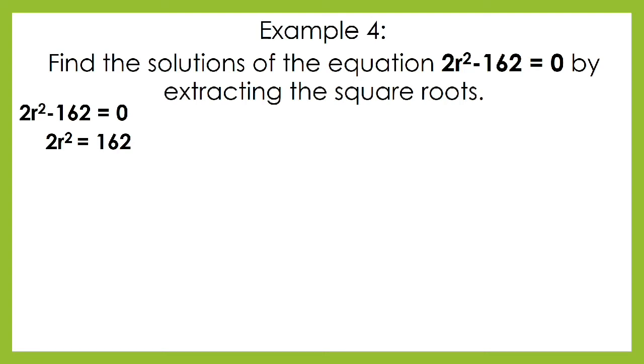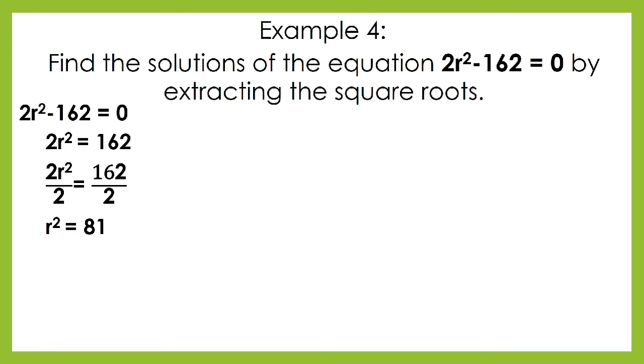And then, as you can see, our A here is 2. Dapat, ang A natin ay 1. Para mangyari yun, we will divide both sides of the equation by 2. So, we now have 2r squared divided by 2 equals 162 divided by 2.